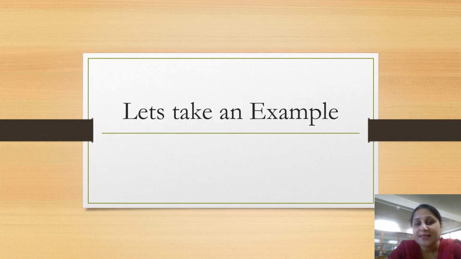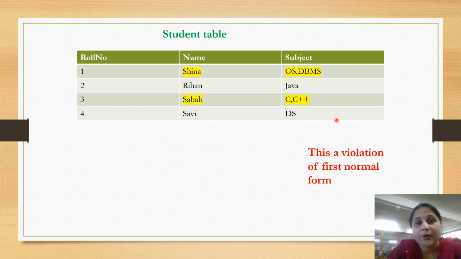With the help of an example we will normalize the table. Here I have a student table which contains three columns: roll number, name and subject. Now you can observe roll number 1, Sheena. Her subject contains OS and DBMS. This is a violation of the first normal form, because as we know it should contain atomic values.